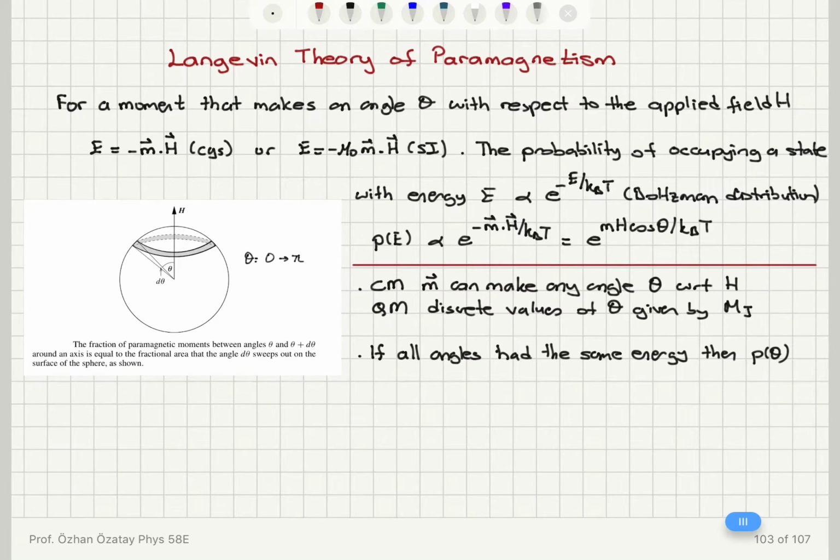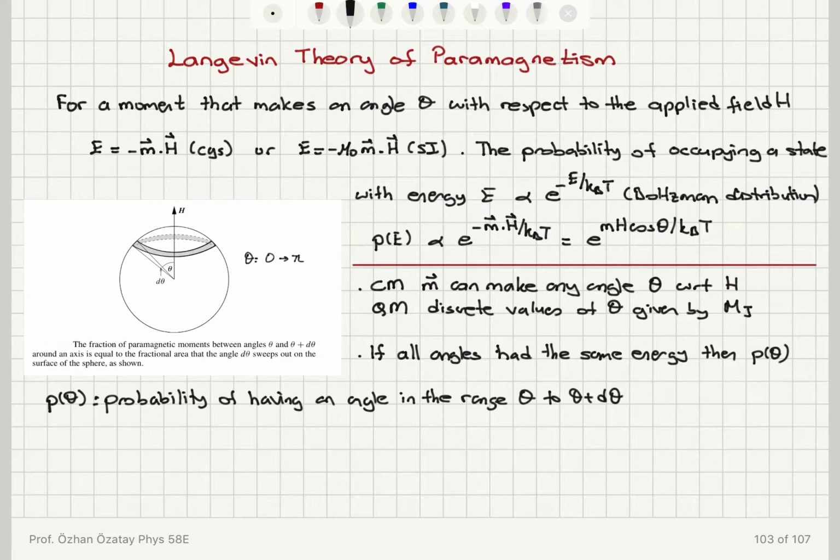So the probability of having an angle in the range theta to theta plus d theta is going to be, of course, P of theta times d theta in that case, because I'm giving a range, P of theta d theta.